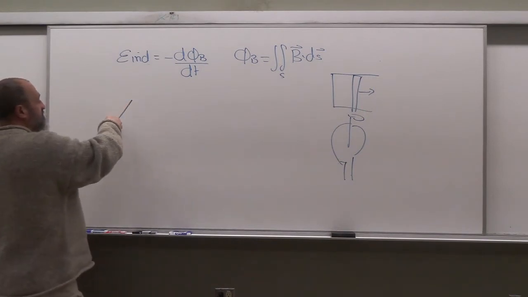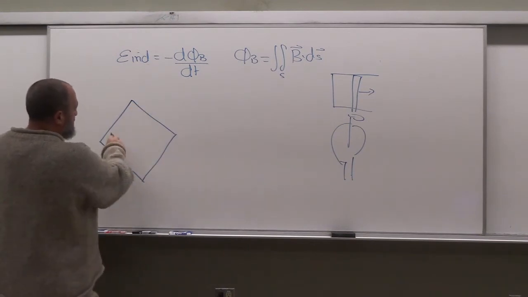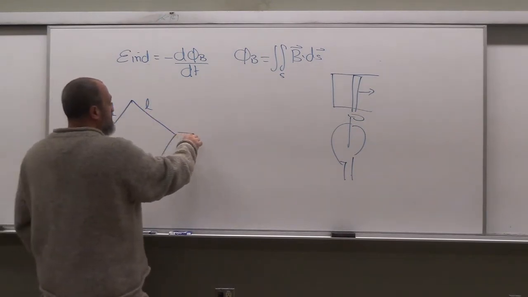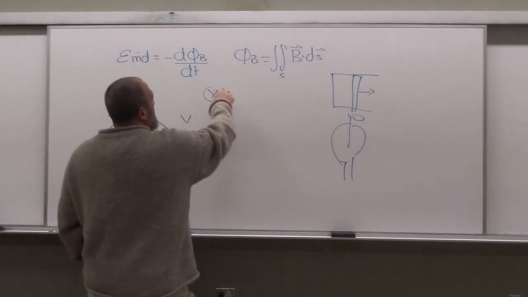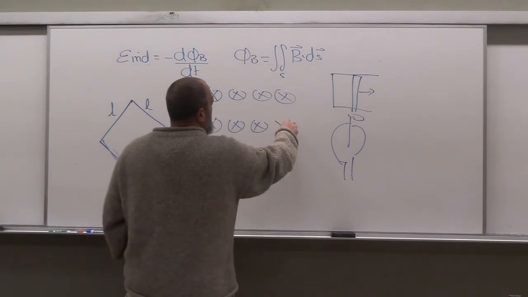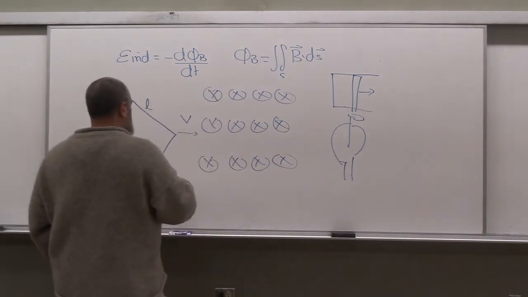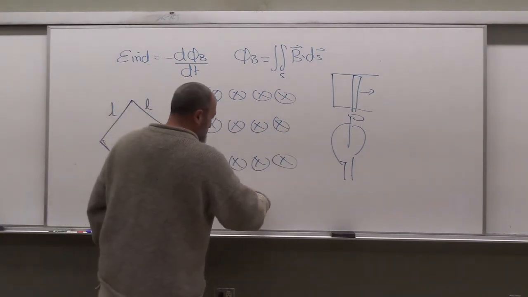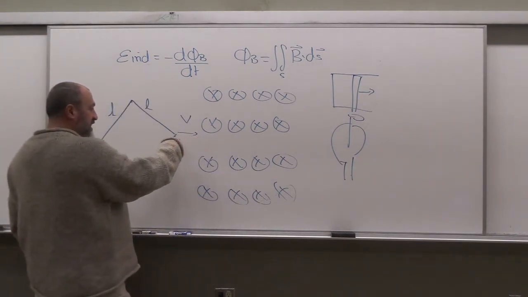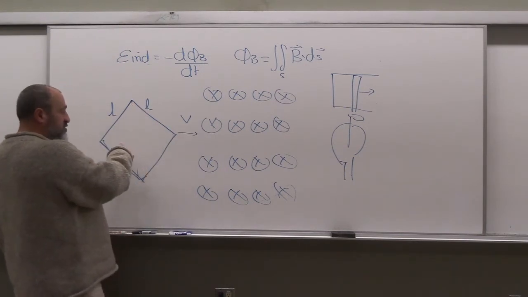Let's say you have a square loop like that of side L, or side A, and this is being driven at speed v into a uniform magnetic field like that, B. As this enters the field, you're going to see that the area of this loop sitting inside the field is going to grow until we get to this point where it continues to grow but at a different rate.